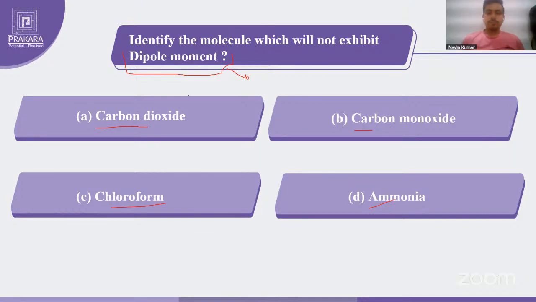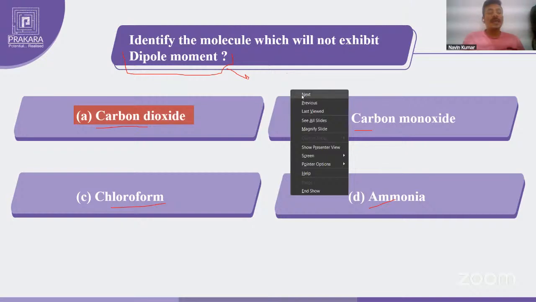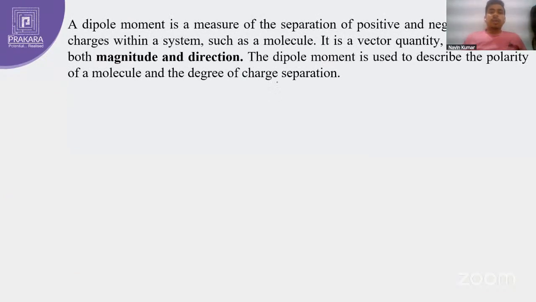Okay. We are going to see the detailed explanation of which of these molecules will not exhibit any kind of dipole moment. Firstly, we are going to see what the dipole moment is. The correct option will be carbon dioxide, and we are going to see the detailed explanation of this.